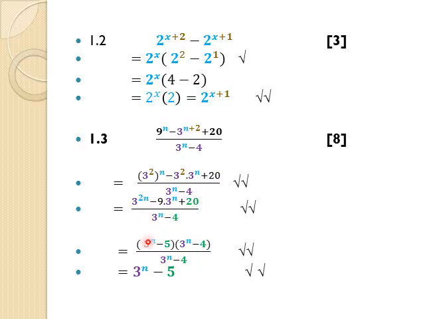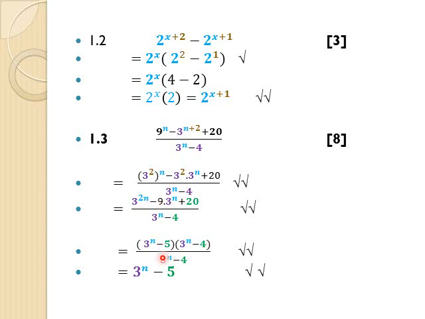So 2n is 3 to the power n times 3 to the power n. Remember when we multiply and the bases are the same, we add exponents, so n plus n would give me 2n. Right, factors of 20 that add up to 9. Minus 5 times minus 4 would give me positive 20, but negative 5, negative 4 would give me negative 9.